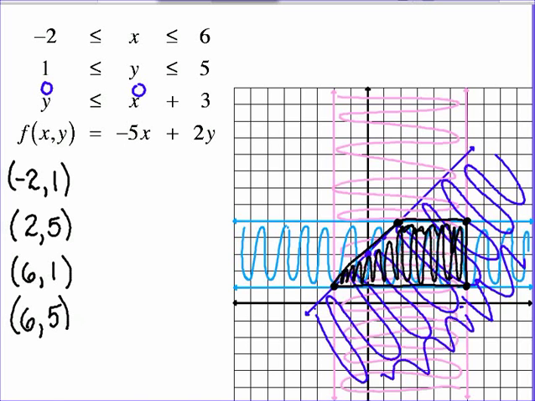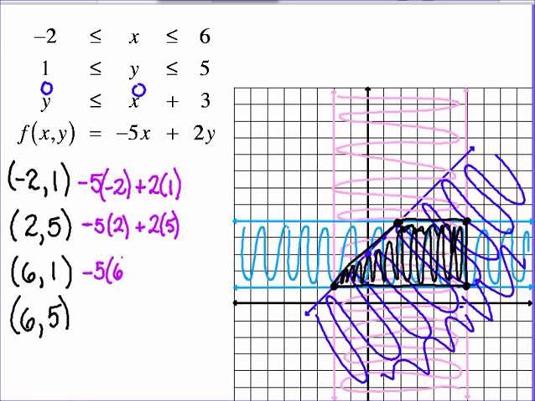So I'm going to go ahead and start plugging in values. I want you to go ahead and plug in values. Okay, where am I going to plug those in? Yep, so negative 5x plus 2y. So go ahead and plug those in.